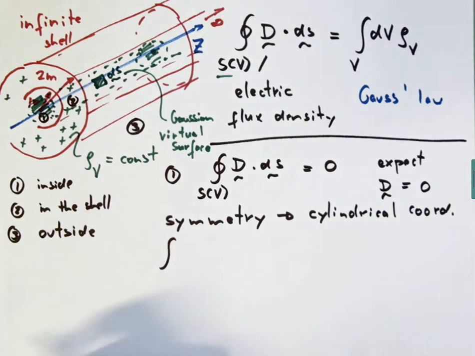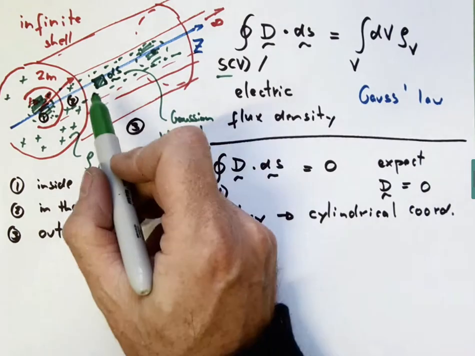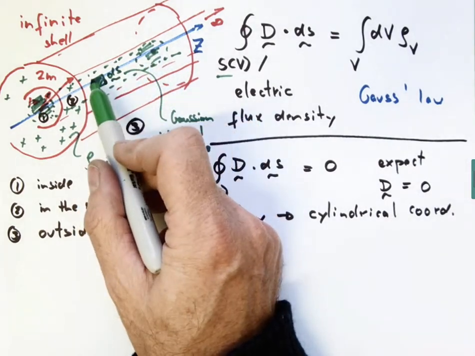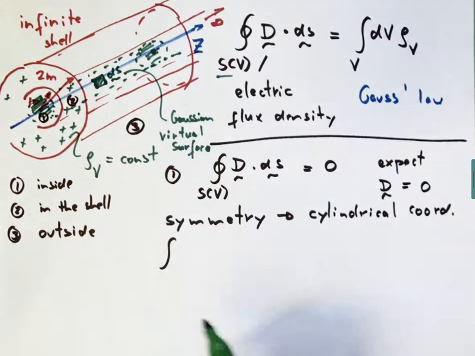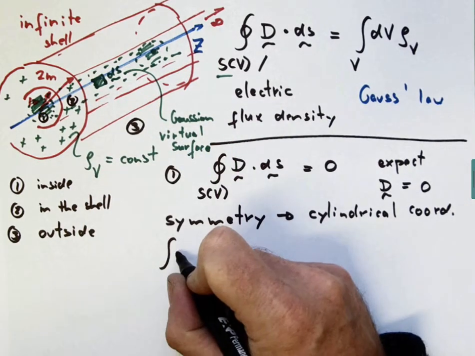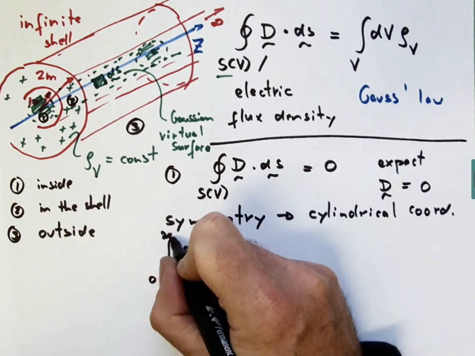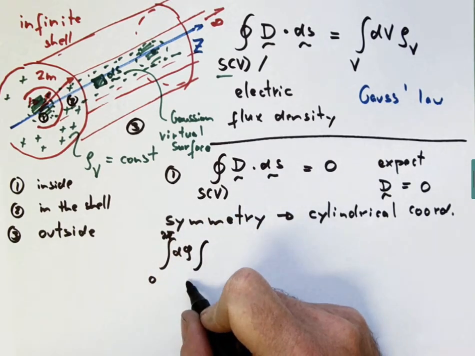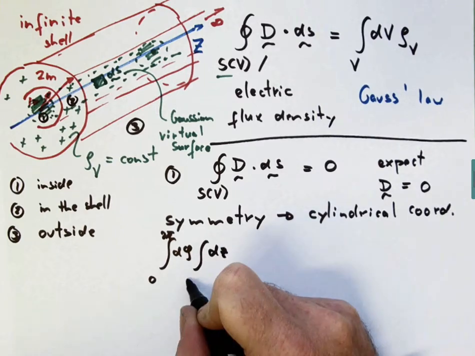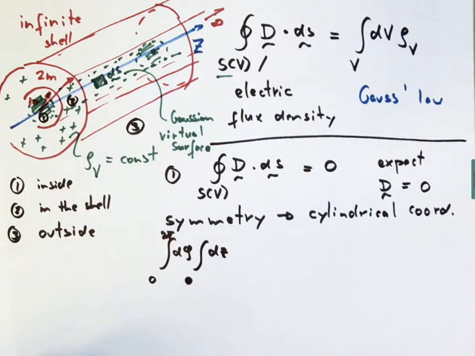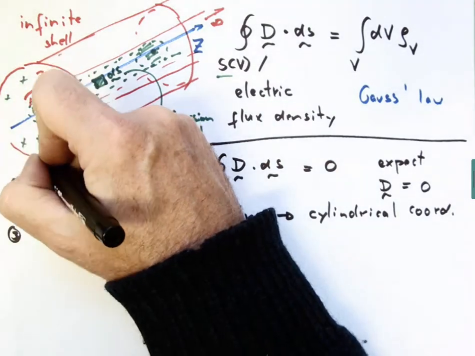and that has a component in z direction, and it's got a component in phi direction. So we need to write d phi, and that integration goes from 0 to 2 pi, and then we need to integrate over dz from 0 to, not from 0, we need to give our cylinder some limits.